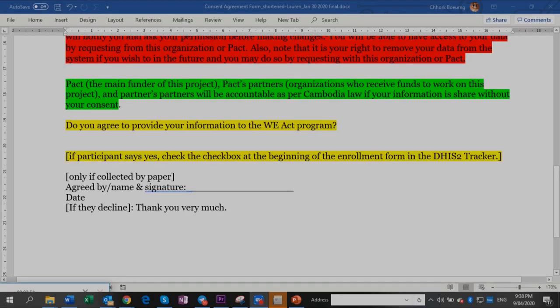Moving to the next color here, the green color, this part means that if PAC or a PAC grantee shares their data without their consent or not consistent with their agreements, PAC and the PAC grantee will be accountable for our actions per Cambodian law.